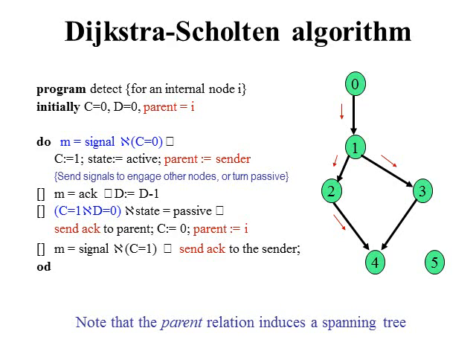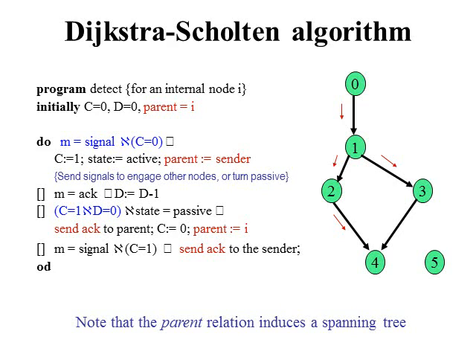Okay, so this means that it has 0 deficit along the outgoing edges, so it has received all the acknowledgements it's expecting. Since it has received all the acknowledgements, and it had already received this message on another incoming edge, it's going to send an acknowledgement to the parent, reset the value of C to 0, and then reset the value of the parent variable to itself.